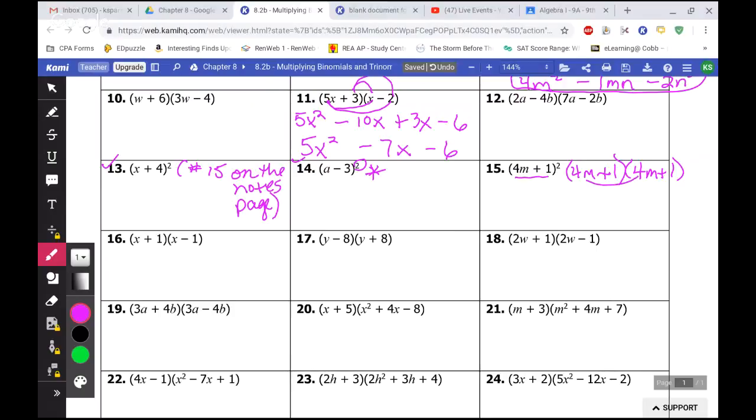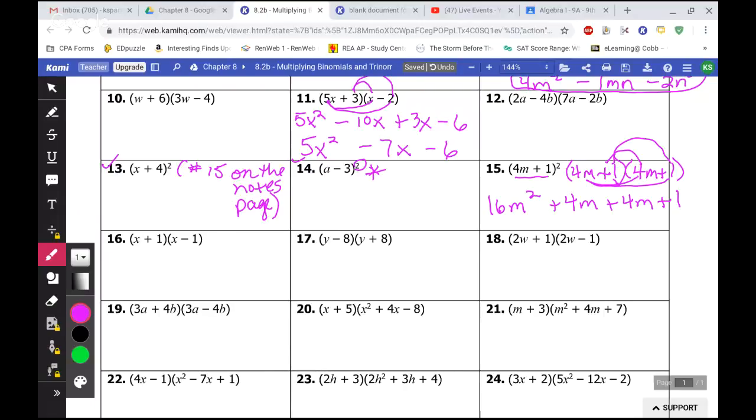So first, outer, inner, and then last. And now we've done FOIL just like the rest of the problems.